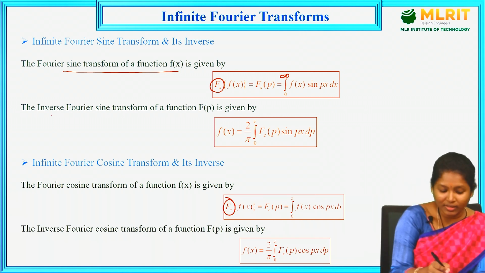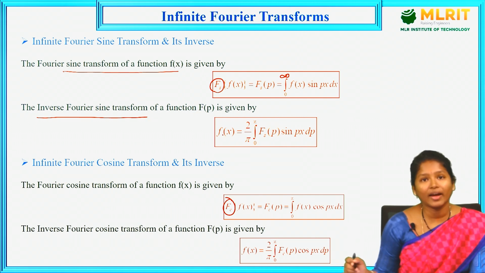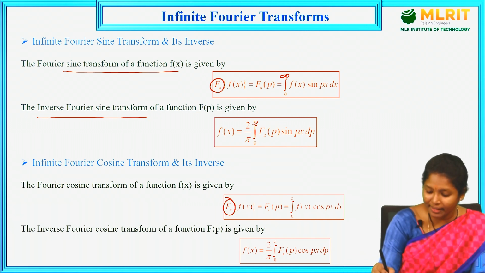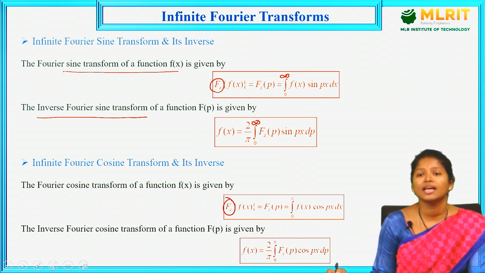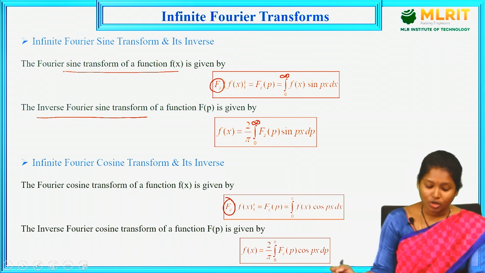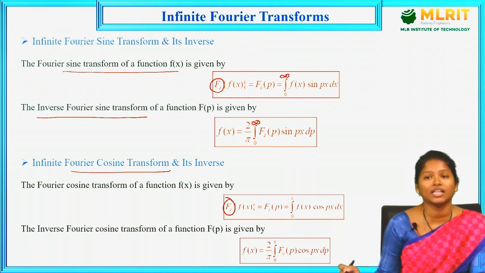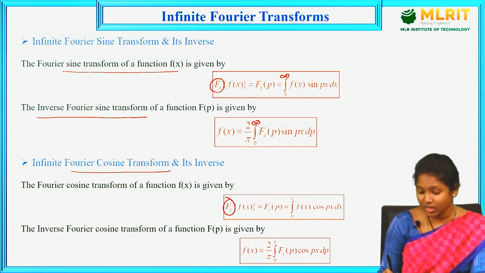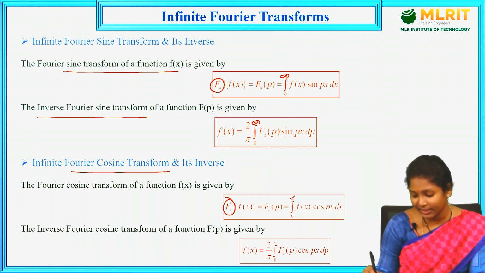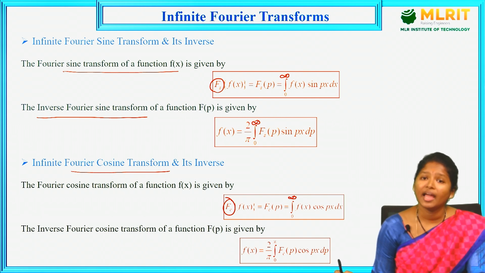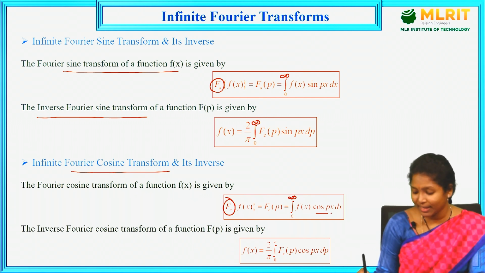The inverse is f of x equals 2 by pi integral 0 to infinity Fs of p sin px dp. The infinite Fourier cosine transform formula is Fc of p equals integral 0 to infinity f of x cos px dx.